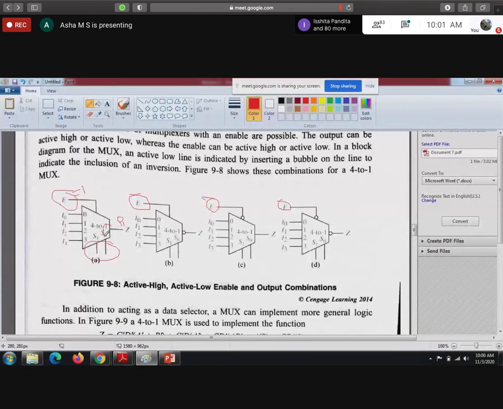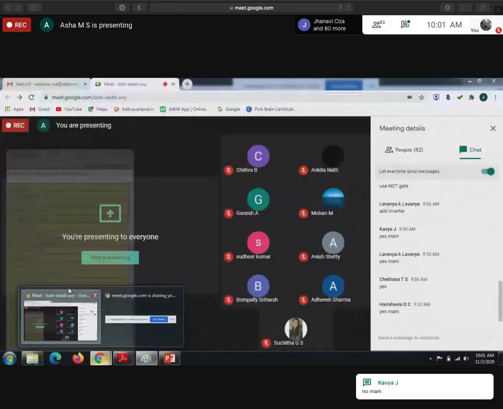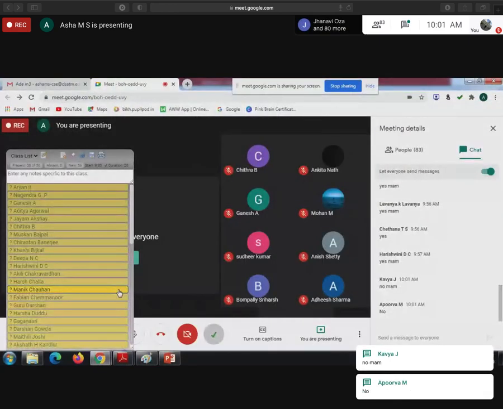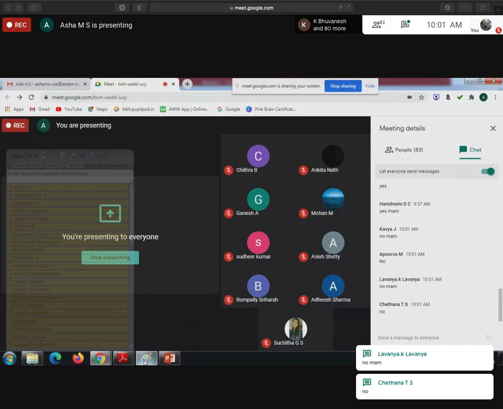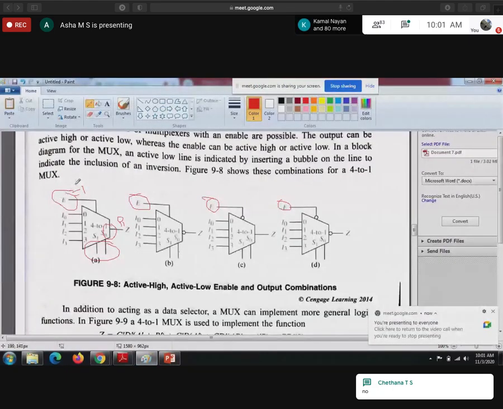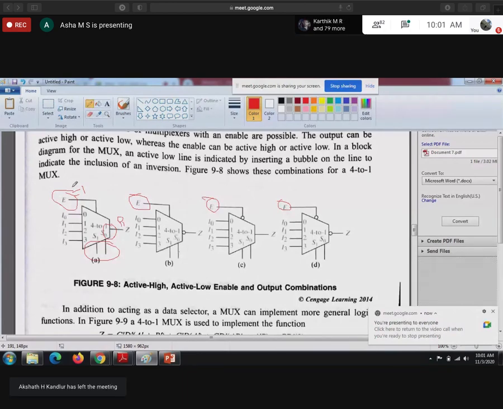So look at the output side. Is the output inverted? No, correct, right? So one thing you need to remember, when enable is 0, we will call it as an active low.